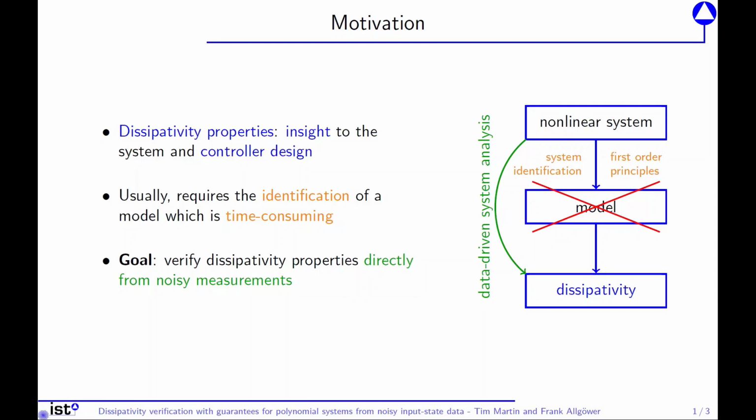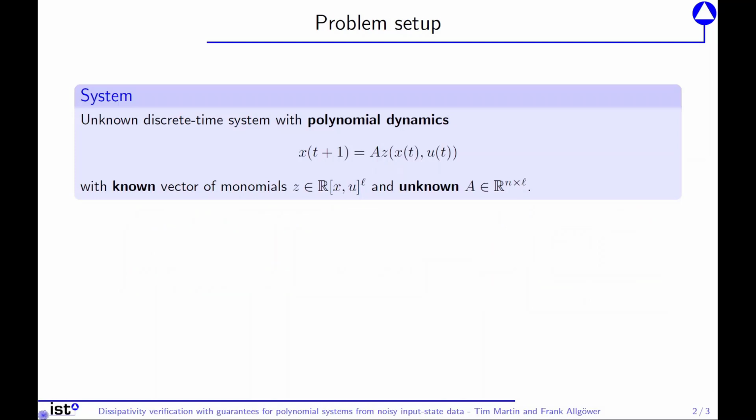To have a closer look at the main idea of the approach, we consider the following problem setup. We consider an unknown polynomial system. We suppose some insight into the system, namely that a vector Z is known that contains at least all monomials of the system dynamics, such that we can write the system dynamics as here, where the coefficient matrix A is unknown.